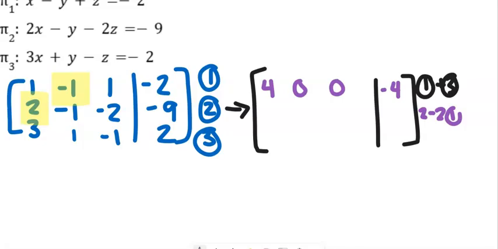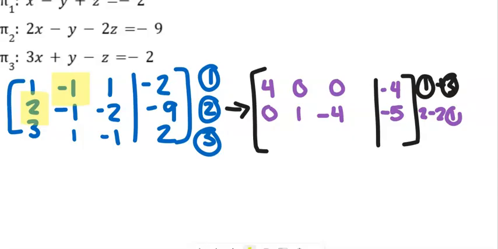Okay, so 2, take away 2 times 1, that is 0. Negative 1, take away 2 times 1 is positive 1. Negative 2, take away 2 times 1 is now going to be negative 4. And negative 9, take away negative 2 times 2 is going to be negative 5.